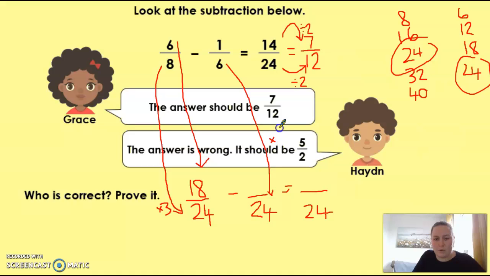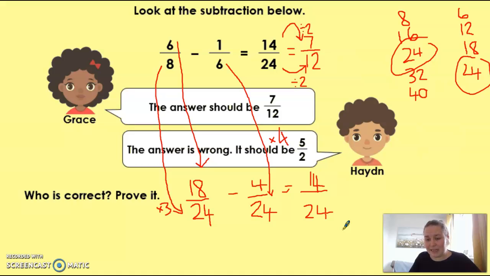Times 4. So I do the same to the top. 1 times 4 is 4. 18, take away 4 is 14. Okay, so it was right. 14 over 24 is right. It's not wrong, but Grace is right that we can simplify to 7 over 12. Well done if you got there.